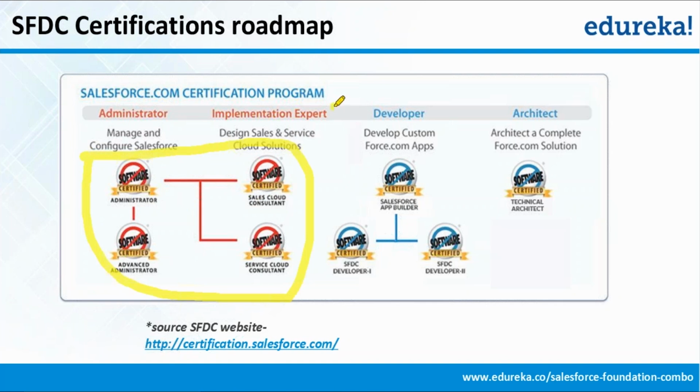Let's say you want to be a developer, more of a programmer, a technical person. You can pick these options. In fact, you can directly do Salesforce Developer 1, Developer 2, or you can start here, then move to 1, and then move to 2.